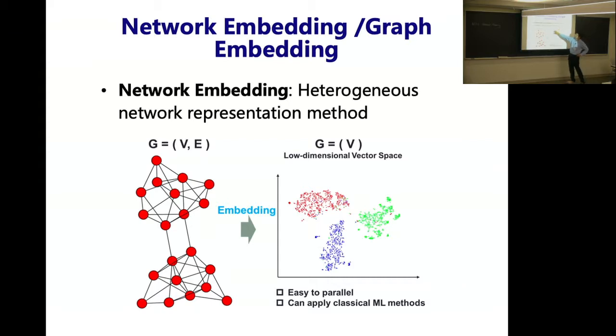See, all the edges are gone, only have nodes. So this way we can apply machine learning at large scale to this vector space. Another advantage of vector space is that it's very well studied and also hardware integration is very easy.